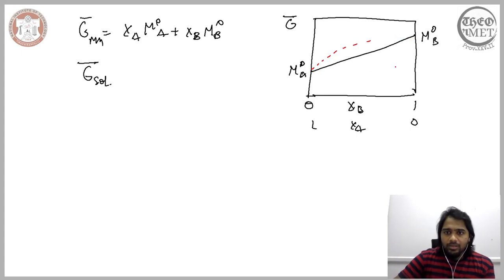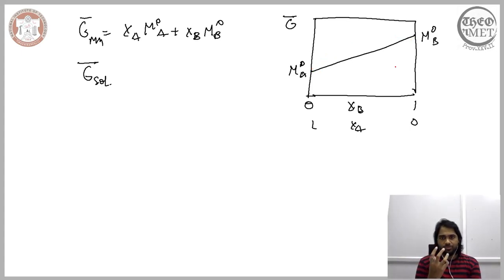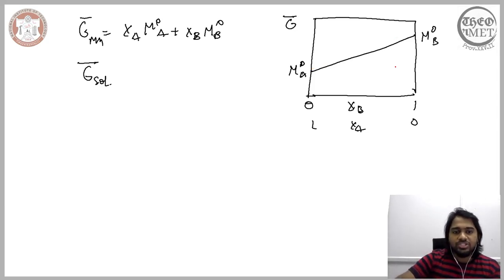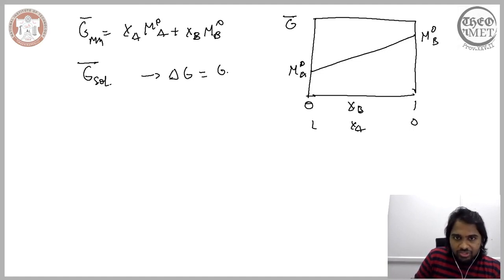Since the Gibbs free energy of the solution is different from the Gibbs free energy of the mechanical mixture, it is possible for us to estimate or quantify the difference.